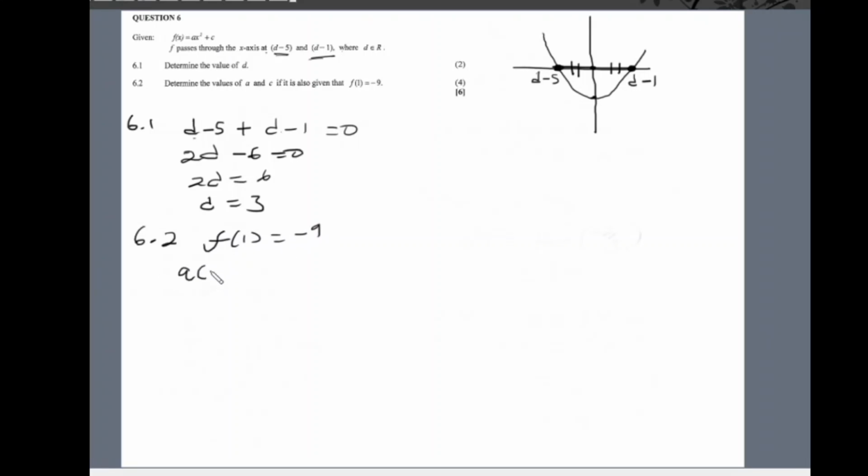So I'll have a times 1 squared plus c is equal to minus 9. So I'll have a plus c equals minus 9.